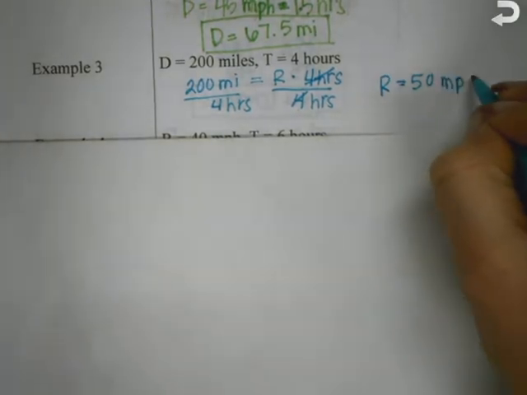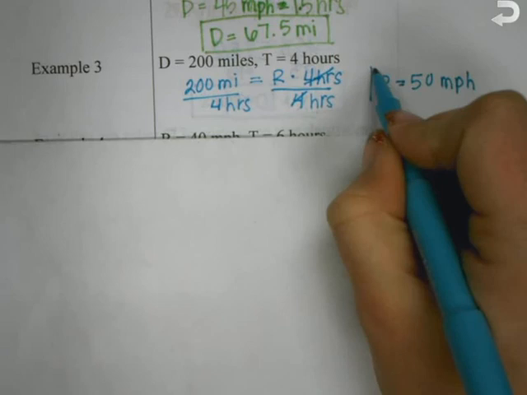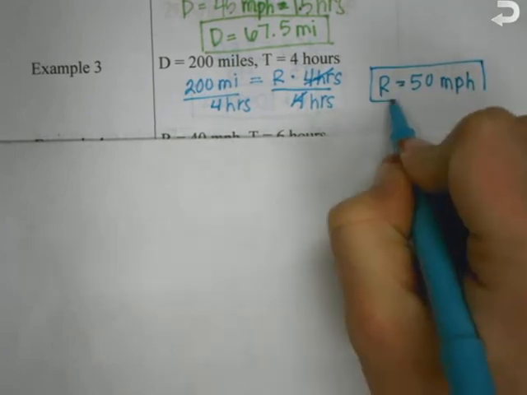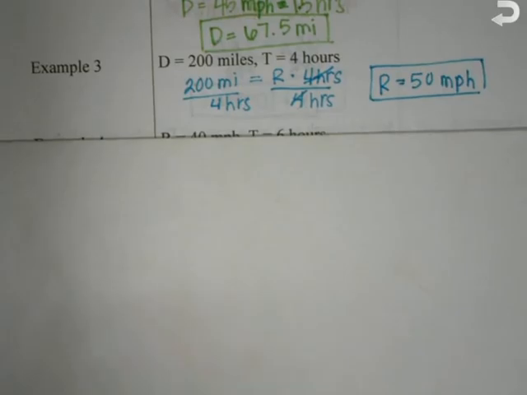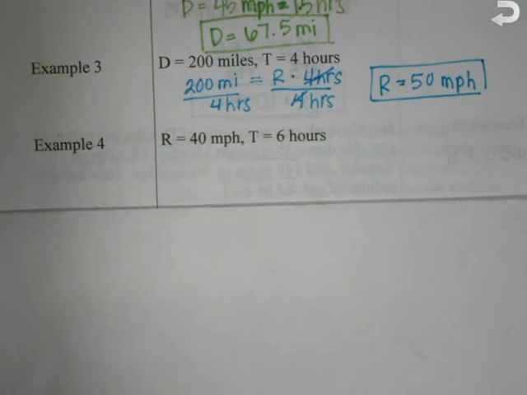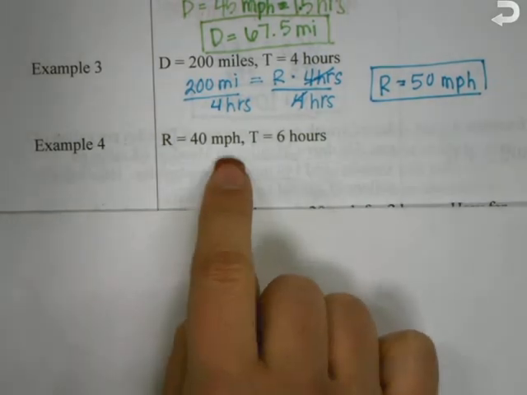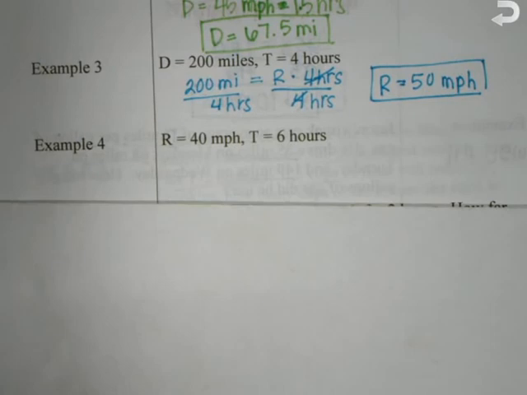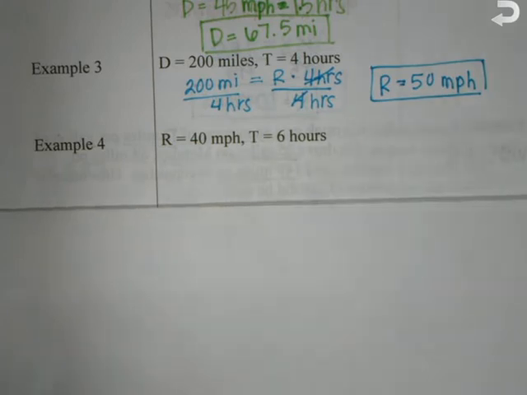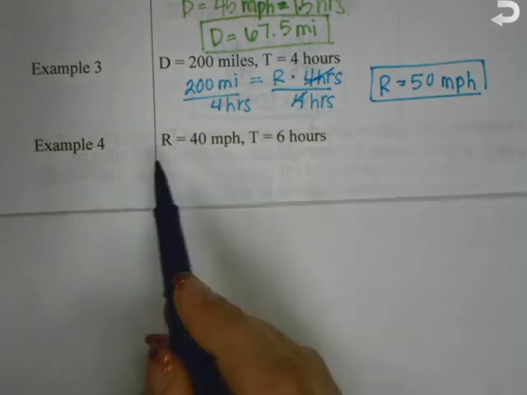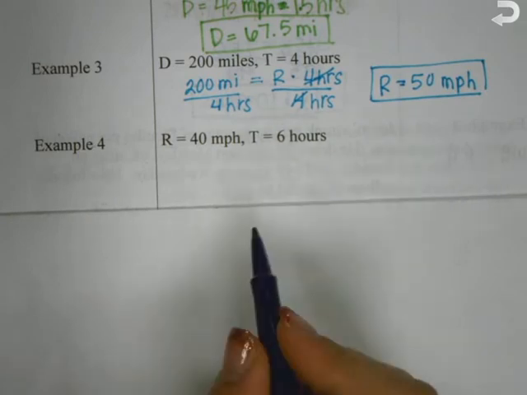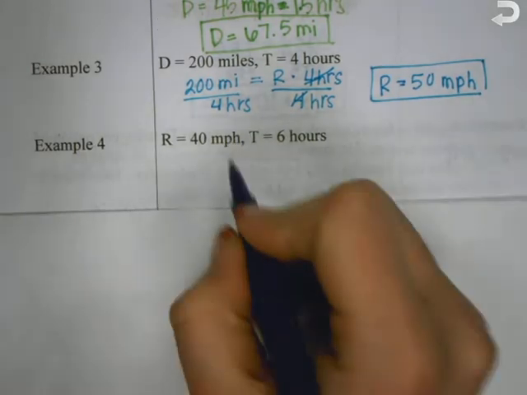Alright, so what should I do first for example 4? Rate is 40 miles per hour. T is 6 hours. Let me see. Brandon, what should I do first? I plug these into the formula, so what would it be? 40 miles per hour, and then what? Times 6 hours, and that's equal to what?